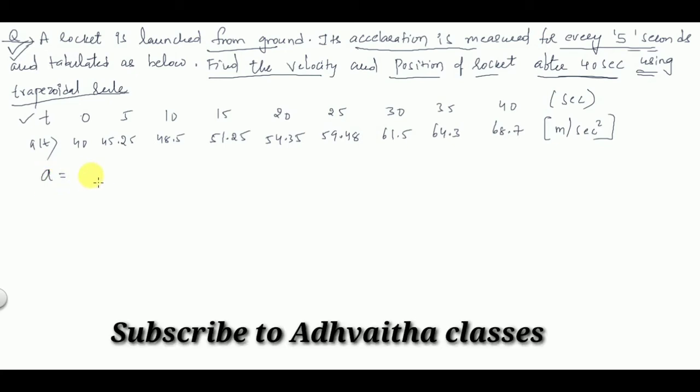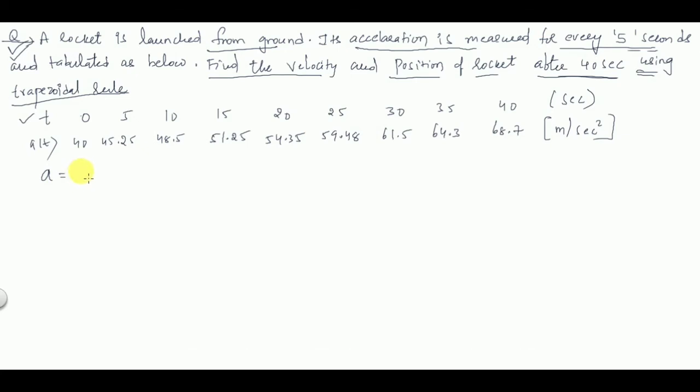Same as before, what is acceleration? We know that acceleration is the rate of change of velocity. This is from the normal physics formula, right? So what is v then, or dv first? dv is equal to a into dt.